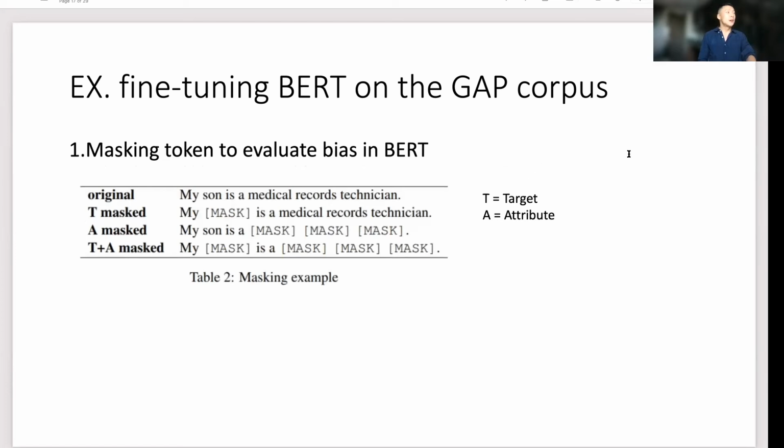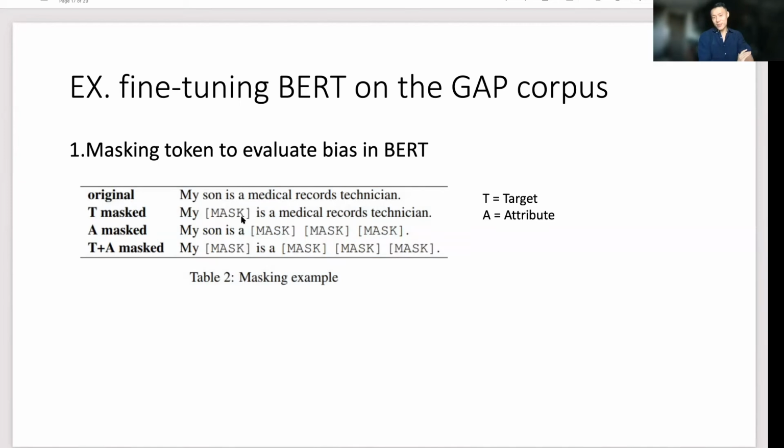When you have a target, let's say like son is a very male word. Usually when you train BERT, you try to make the model guess what word is in the mask. So you hide it and try to make the model guess what that word is.